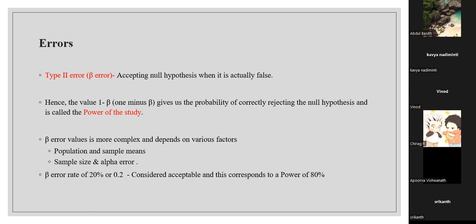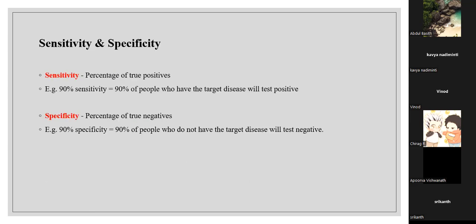So practically most studies keep power at 80% to calculate the sample size. If the power of the study is kept at a higher level, then the required sample size will also go higher.